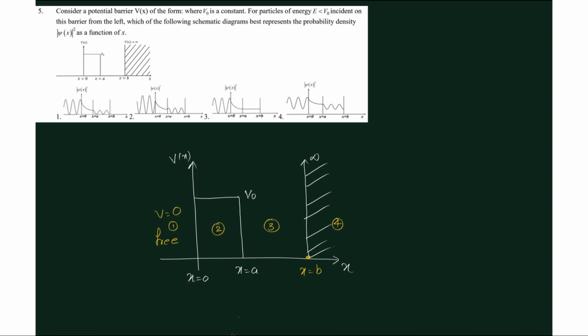And the second region is the barrier. What is the height of the barrier? This is V naught, given. But the condition says the particle energy E is less than V naught. So the particle is crossing the barrier with energy less than V naught. That's why in this region we have E less than V naught, and the solution is an exponential decay.